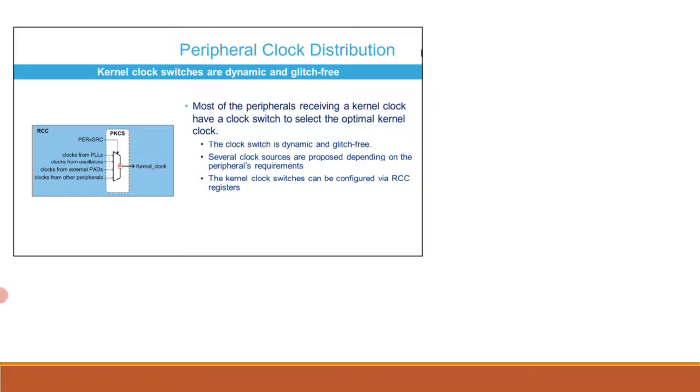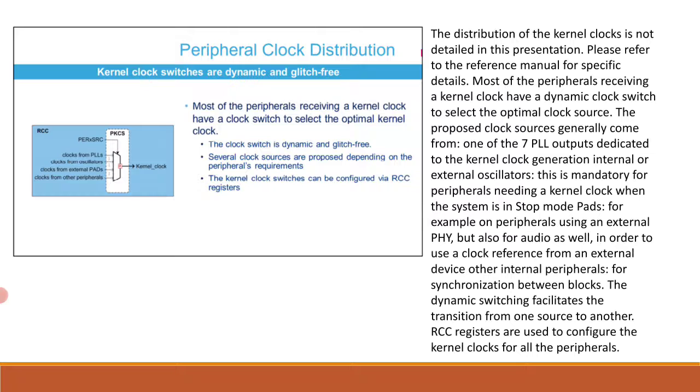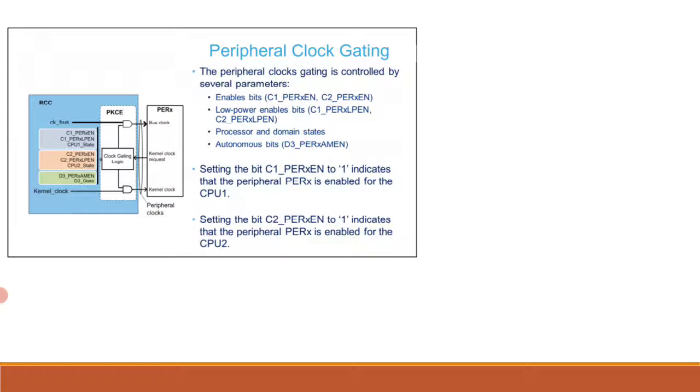So that leads to a point like gating, right? Peripherals generally receive one or several bus clocks, one or several kernel clocks. Each processor can control the clock gating of the peripheral clocks via dedicated registers located in the RCC. The gating of peripheral clocks depends on several parameters.